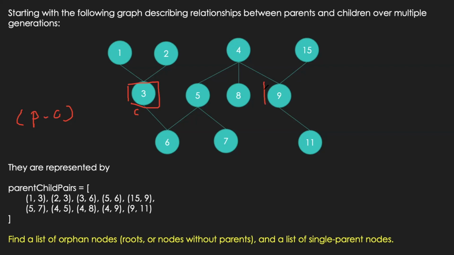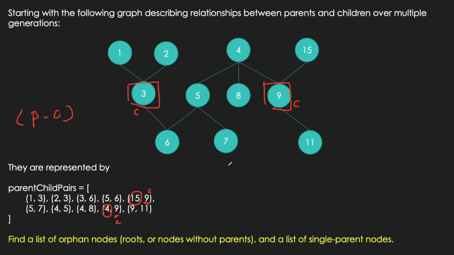For example, treating 9 as a child, child 9 has 2 parents, 4 and 15. So that's one form of dictionary.